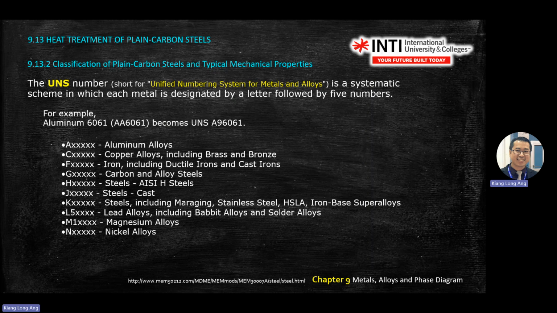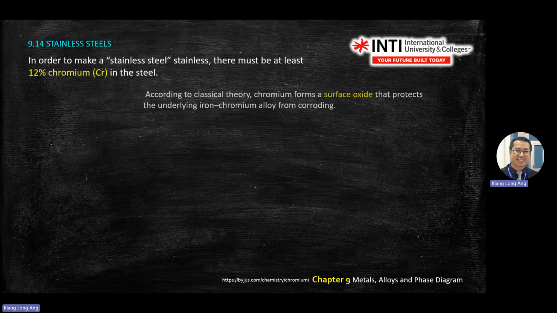It looks like this one: AA6061 in the AISI system is for aluminium, but if you use UNS, you call it A96061. So there's an equivalent. You can go online and search for the equivalent between the AISI, British system, and UNS. It depends on which country you work in.